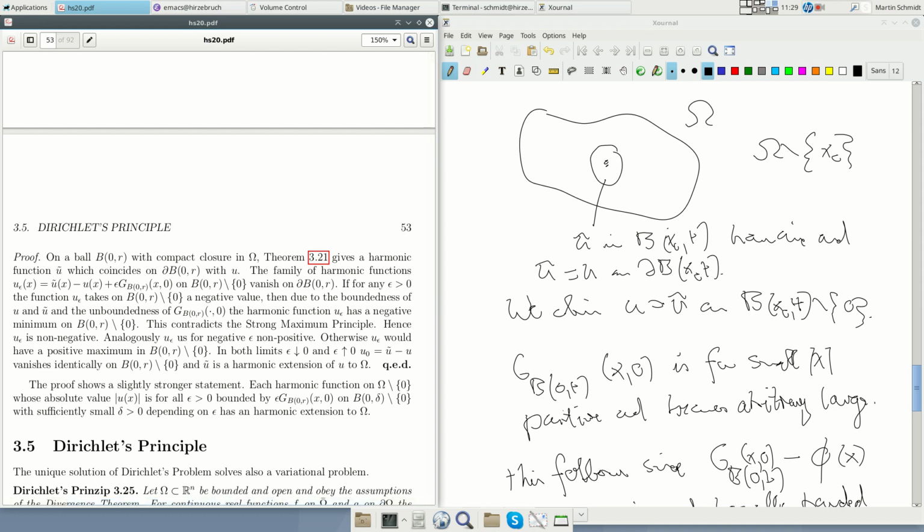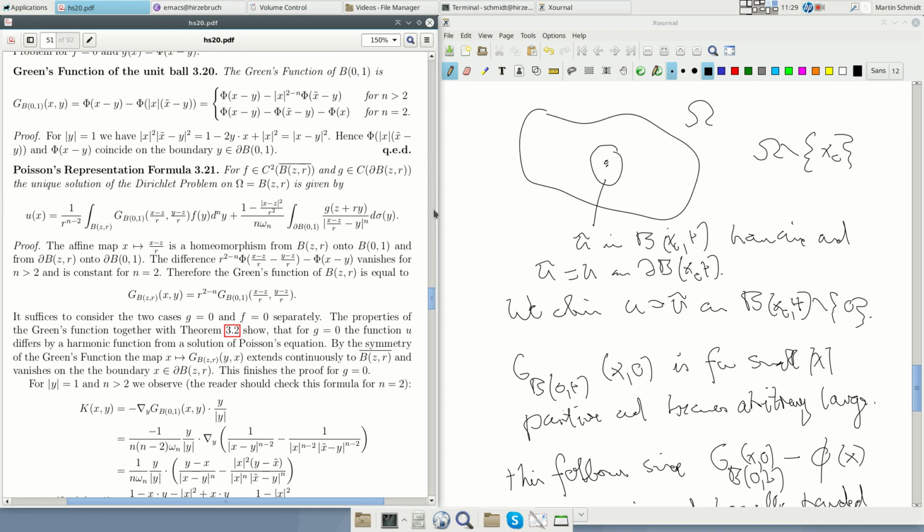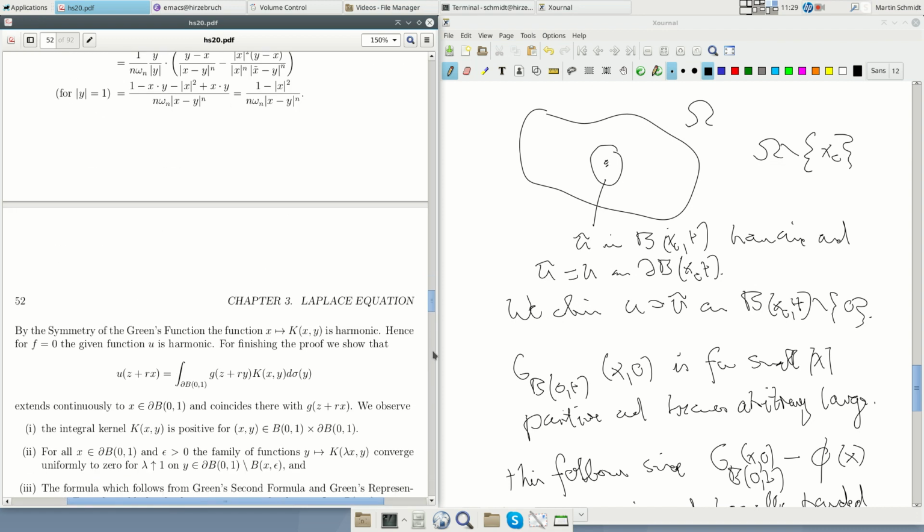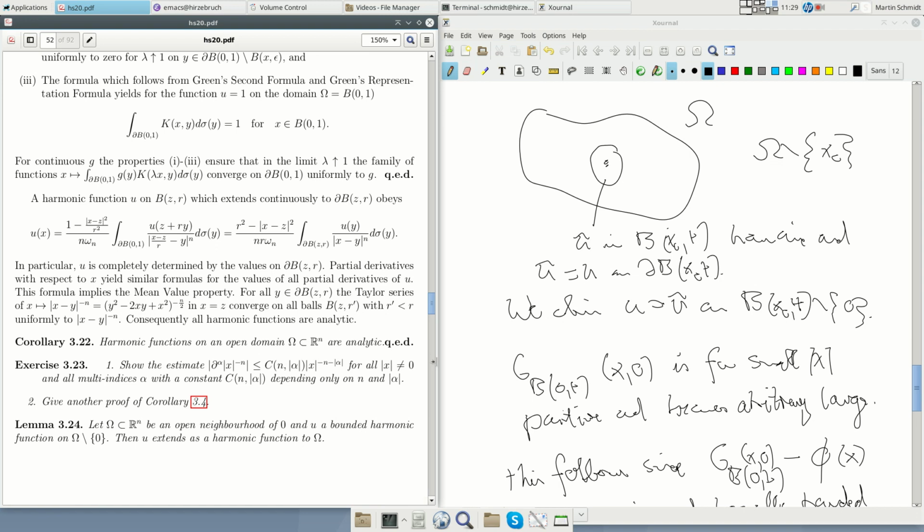Okay, this finishes section 3.4. Let's recall what we have done. In the last part we determined Green's function on the unit ball, so we derived Poisson's representation formula. So we carried out this program which we explained, how to obtain solutions of the Dirichlet problem if we know the Green's functions, and we carried this out completely for any ball.